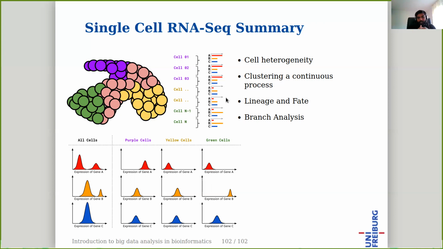We also looked at cell fate inference, and by the branch point analysis, how there is a specific subset of genes that is actually responsible for deciding the fate of the cell, to generate one cell type rather than the other.